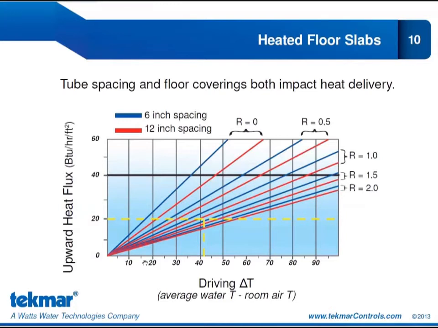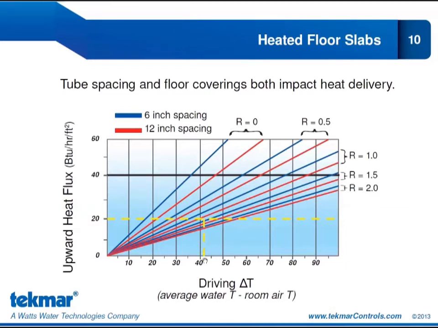However, if we're using that same upward heat flux of 20, and now we move to 12-inch spacing with a floor resistance of 1, we're going to be over here looking at the red line for the 12-inch spacing, and we'll follow that down until we get to our 20 BTU per square foot upward heat flux.